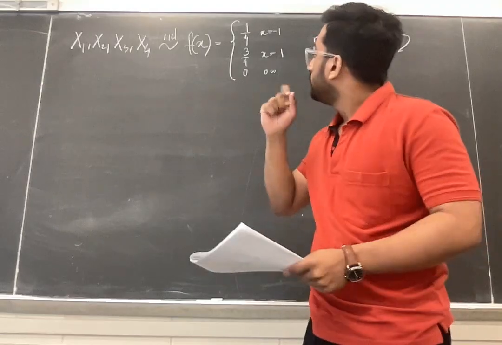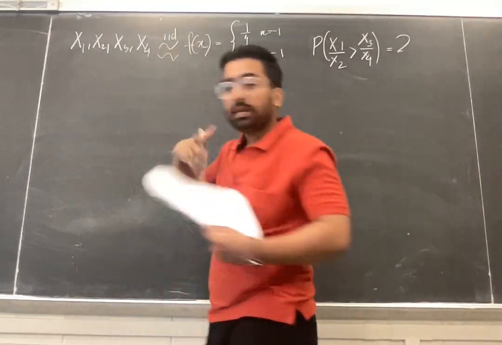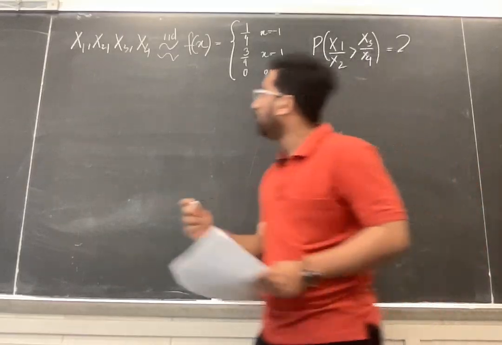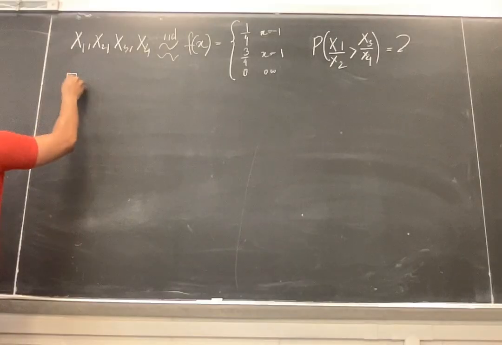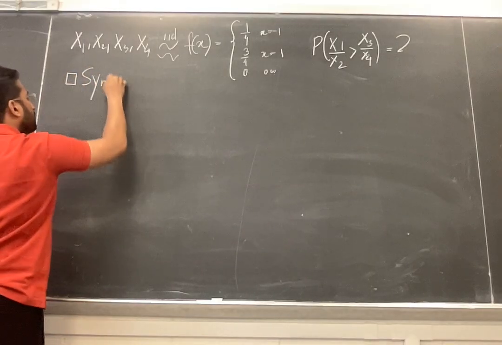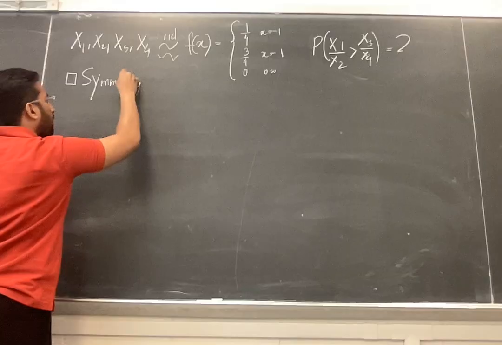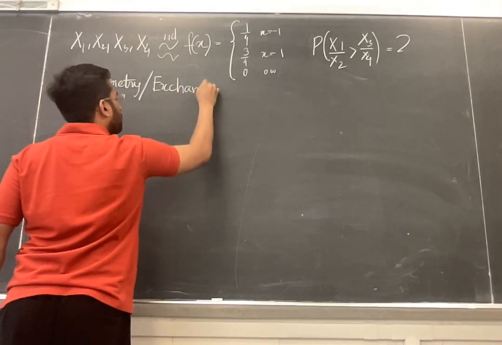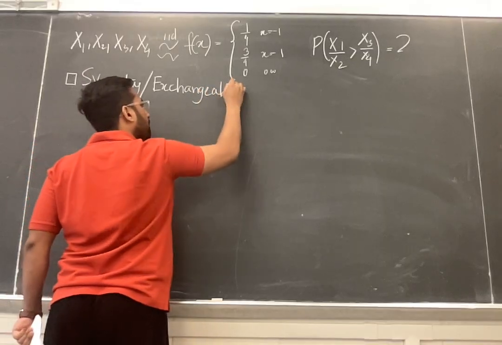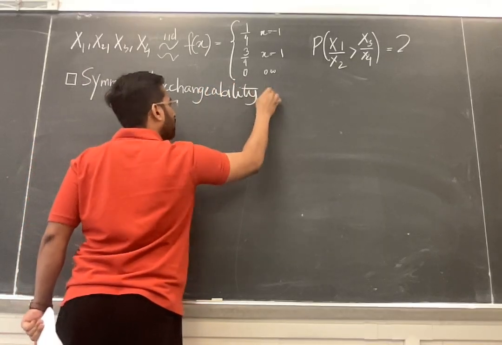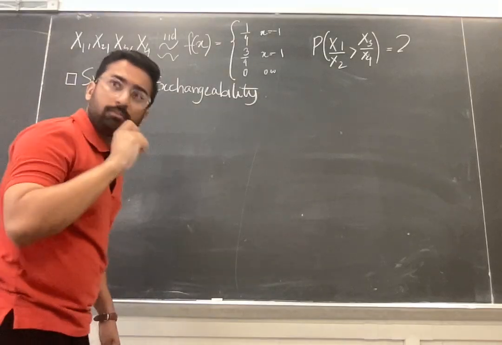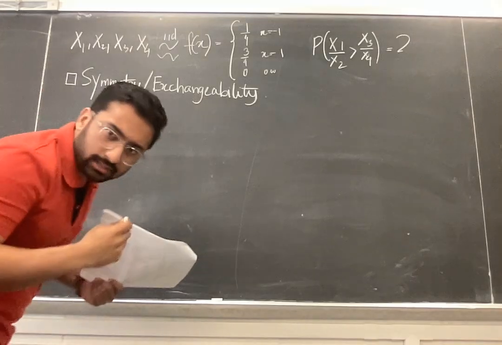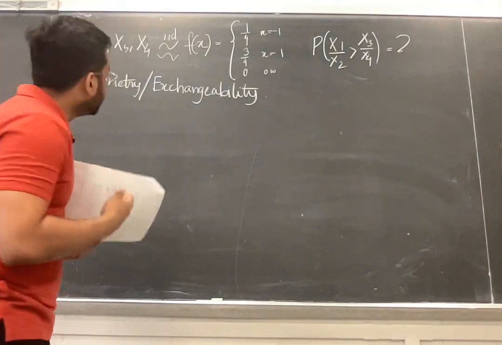The trick is, whenever you're given IID random variables with the same distribution, the idea that should come to your mind is something called symmetry or exchangeability. So what is that? Let me explain that.